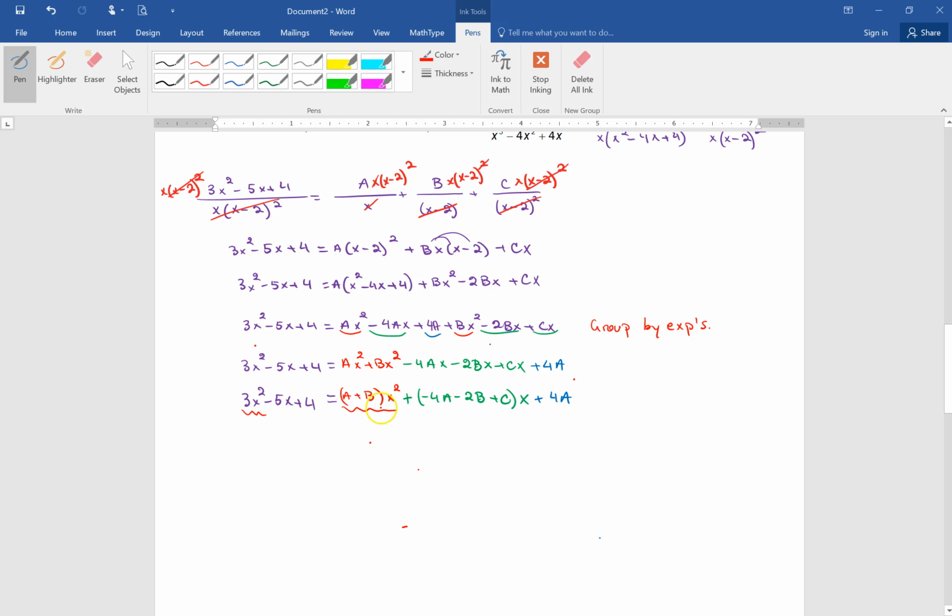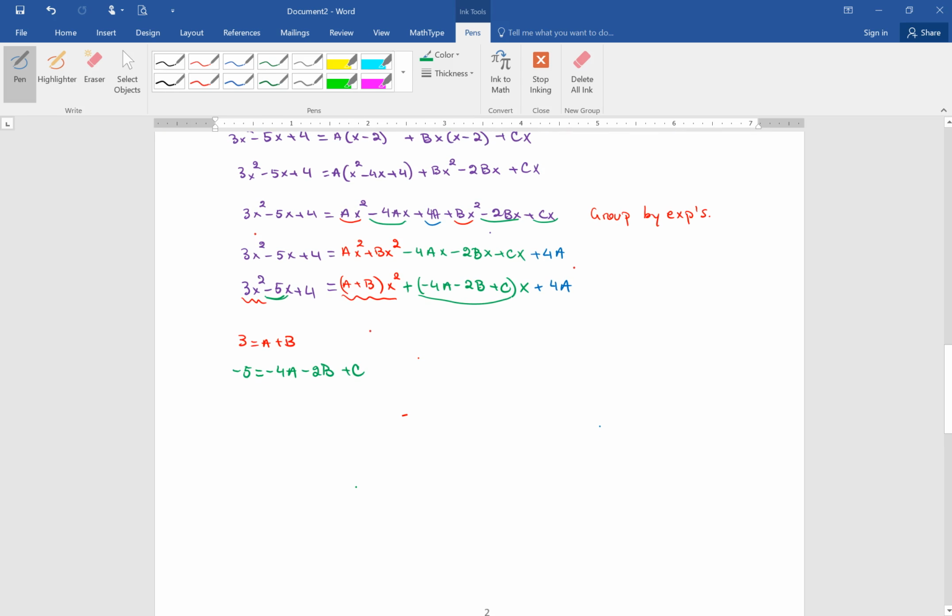The number in front of the x squared here is an A plus B. So you say 3 equals A plus B. Okay? The next one. What's the number in front of the x on the left? Here it's negative 5. Here it's that mess. So negative 5 is equal to negative 4A minus 2B plus C. Okay?